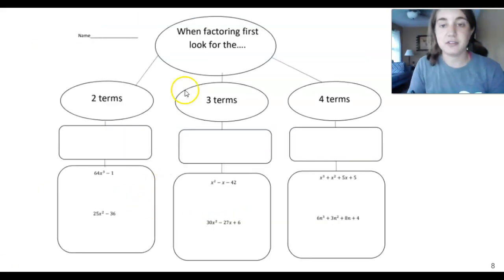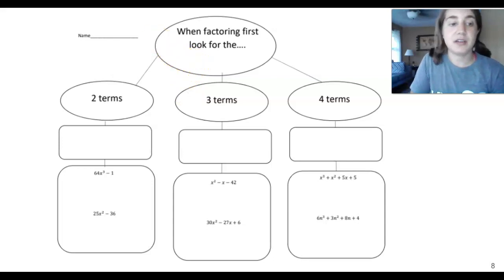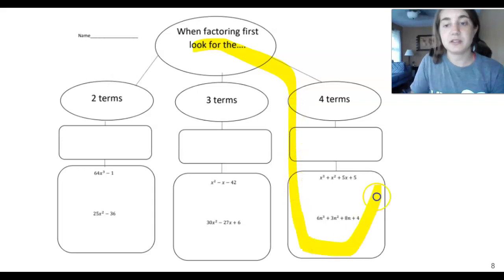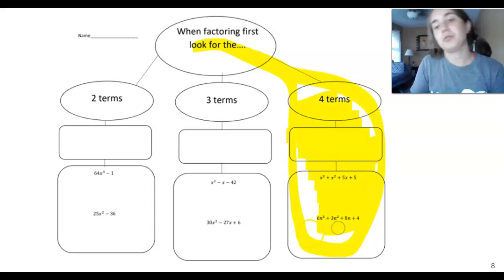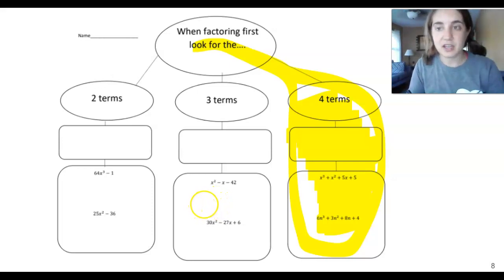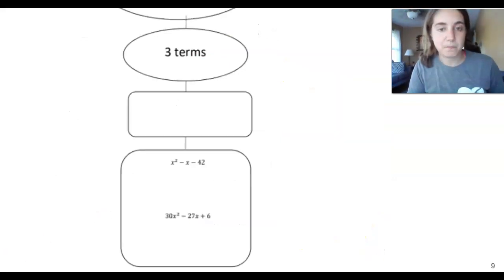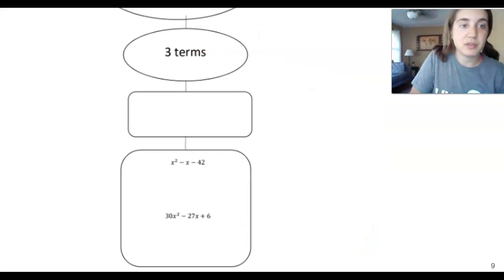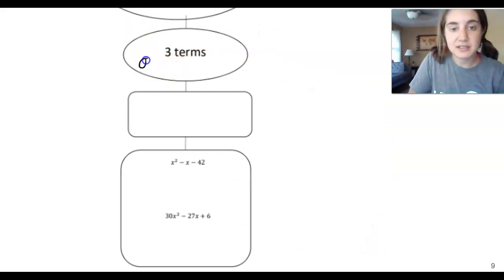Okay, back to this factoring chart that we've talked about. You guys did this part last class. Today we're going to do the 3 terms because we just did that. So go ahead and get out that so we can finish that. When we have 3 terms, we do the ACB tree.